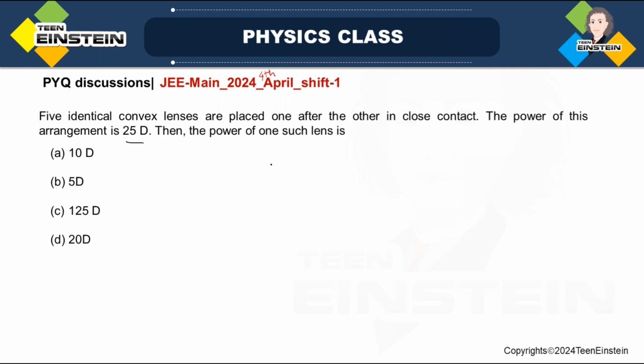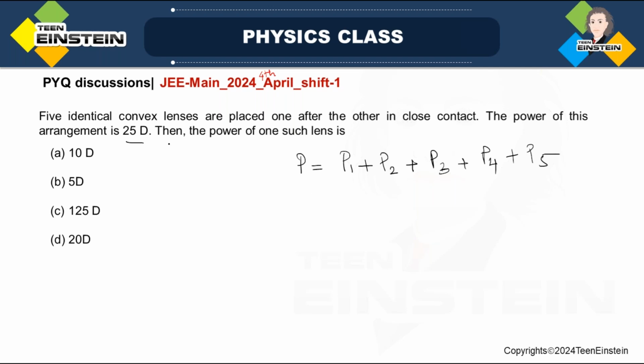You have to find out the correct option out of these four. So look, when there is a combination of lenses, then actually power of the combination will be the sum of the power of individual lenses. If I have 5 lenses here, then I can write P is equal to P1 plus P2 plus P3 plus P4 plus P5.